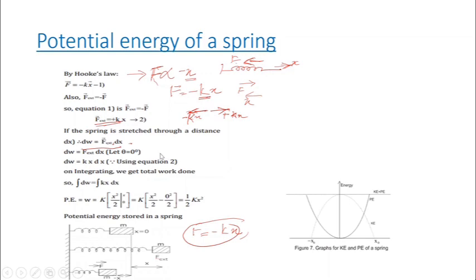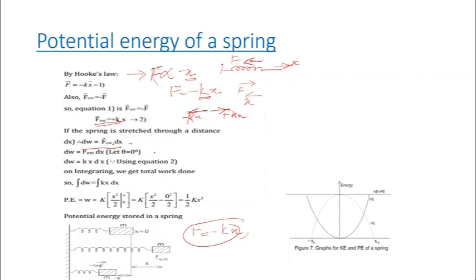Now let us imagine we extend the spring through a distance dx. What will be the work done required? It will be dW is equal to F external into dx. The spring is extending in the same direction as that of the pull.